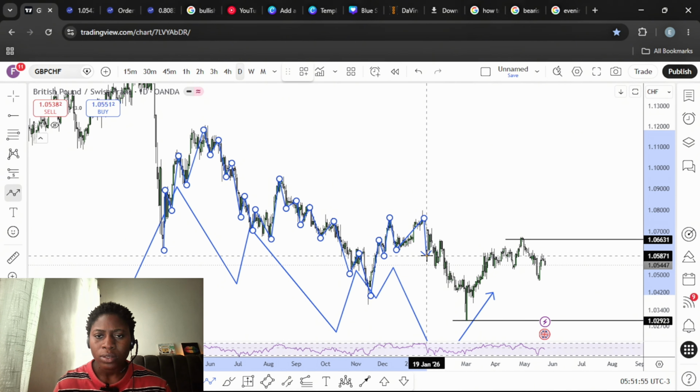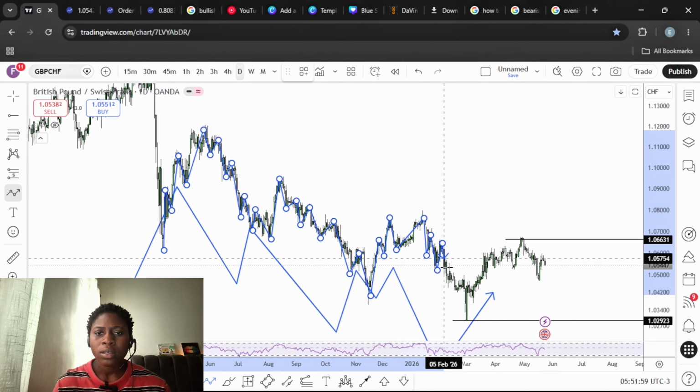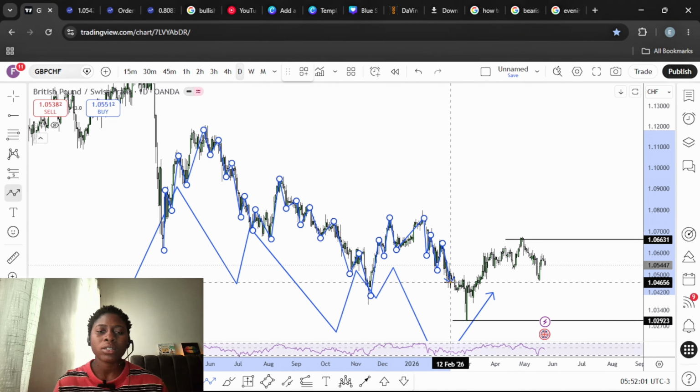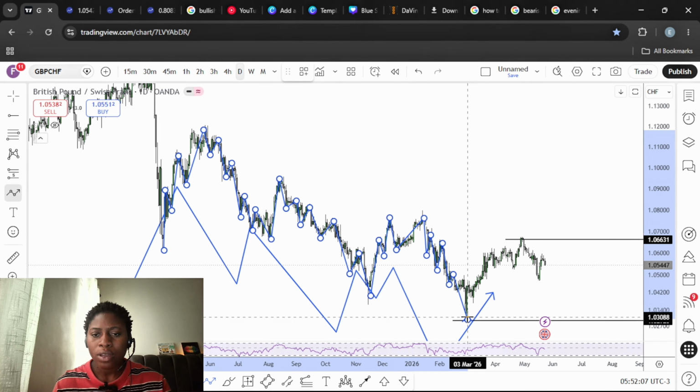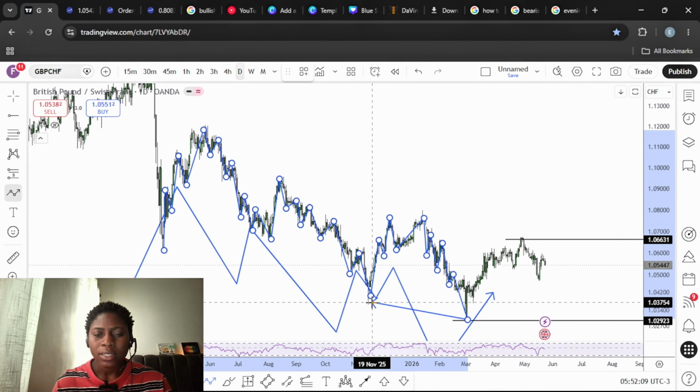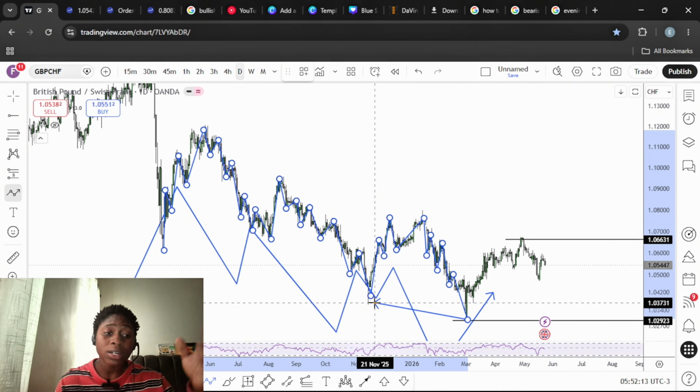And boom, the market started reversing and continued in the direction of the higher time frame trend. Boom. Now we have a lower low as against our previous major higher time frame low.